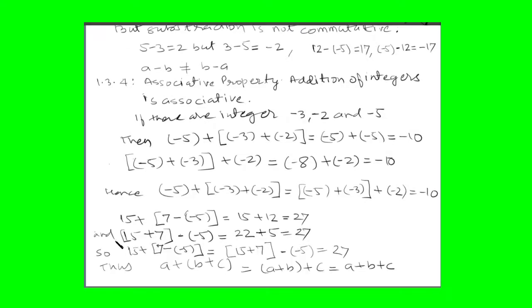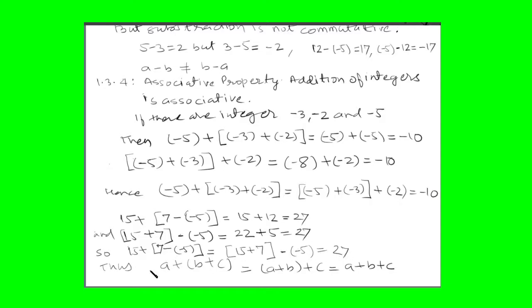So 15 plus within bracket 7 minus 5, if we change the position of the bracket, 15 plus 7 in one bracket and minus 5, both are equal to 27.